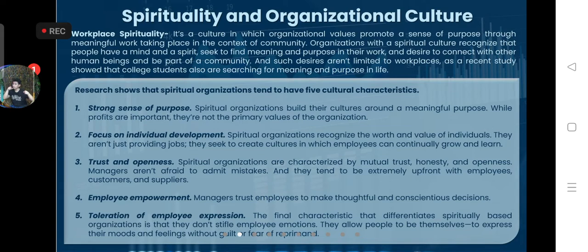So, workplace spirituality seems to be important now for a number of reasons. First is that employees are looking for ways to cope with the stresses and pressures of a turbulent pace of life. Siyempre, during our working days, we always feel that we are stressed, we are pressured to do all the tasks that were given to us.